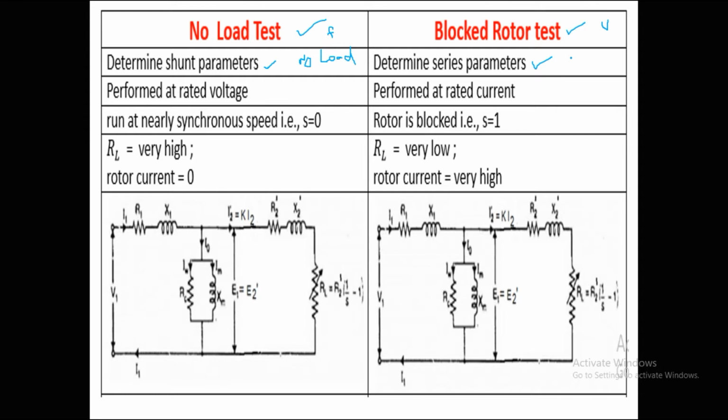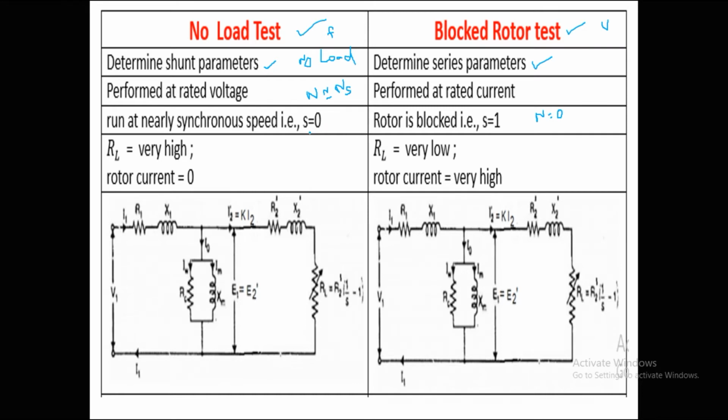So the rotor is blocked. Because of the free rotation of the rotor, we have a rotor speed approximately equal to the synchronous speed. Whereas here the rotor is arrested, so the speed of the rotor will be 0.